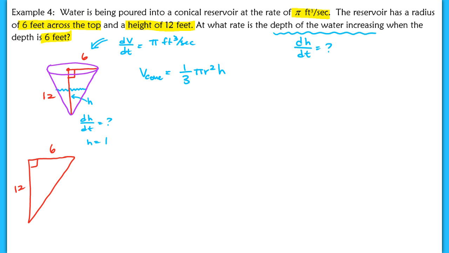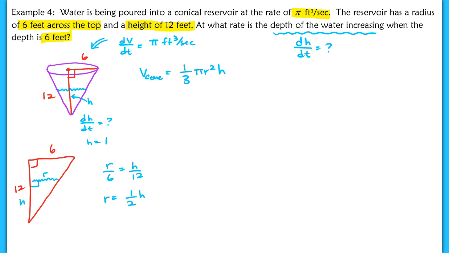And if we just fill the cone here, that water level now creates a new triangle, and it has a radius of r and an overall height of h. So just by similar triangles, 6 over r, or r over 6, is equal to h over 12. In other words, r is equal to 1/2 h.